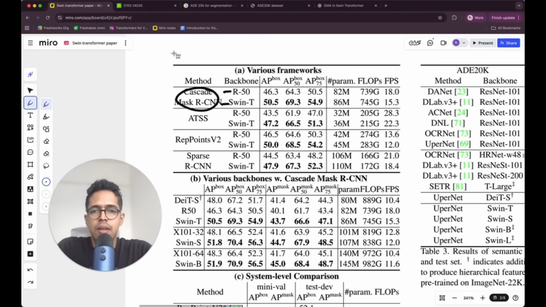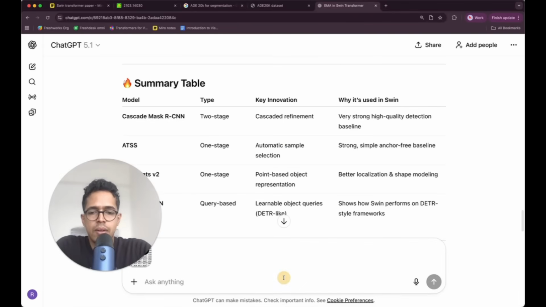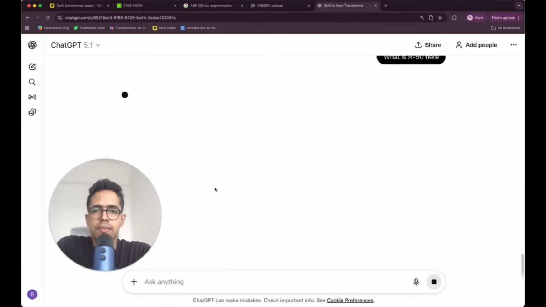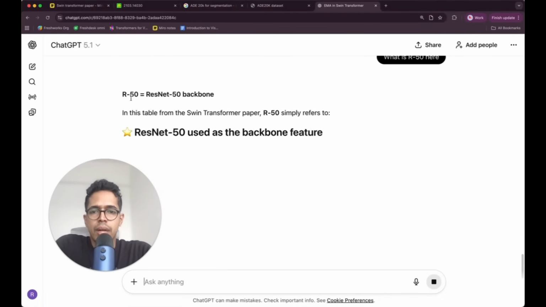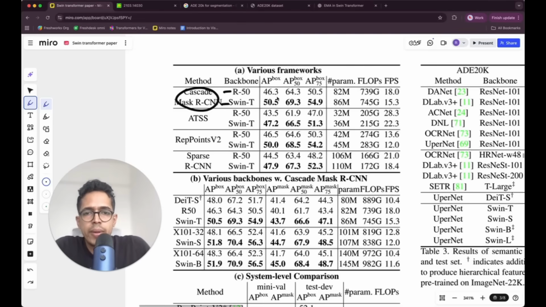Let me ask, what is R50 here? Okay, ResNet 50 backbone. All right. So you can see that Swin has better average precision. AP means average precision at different recall values.